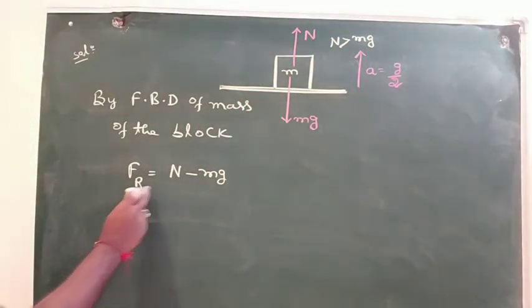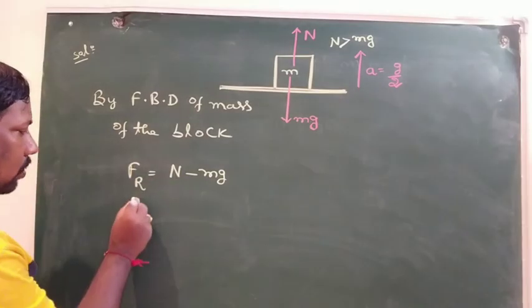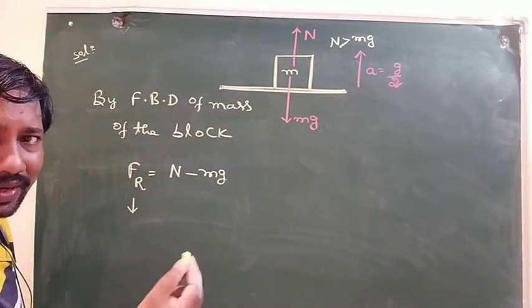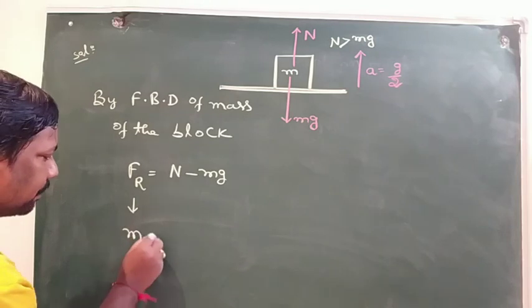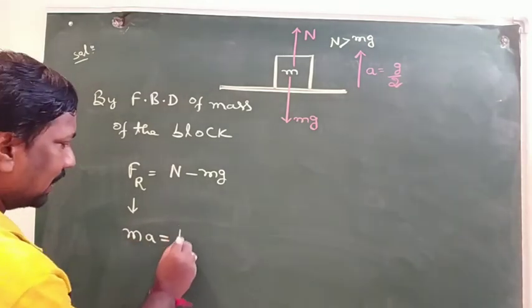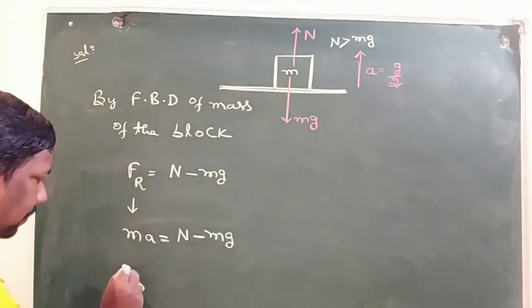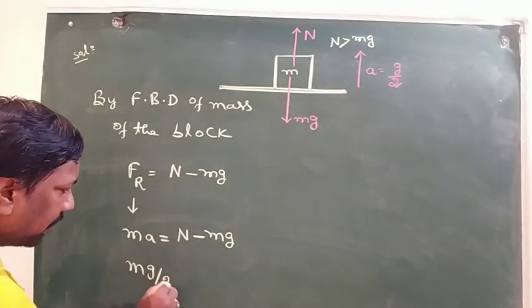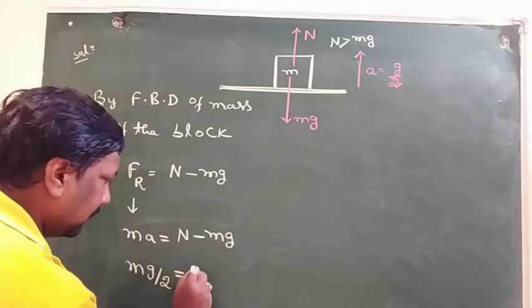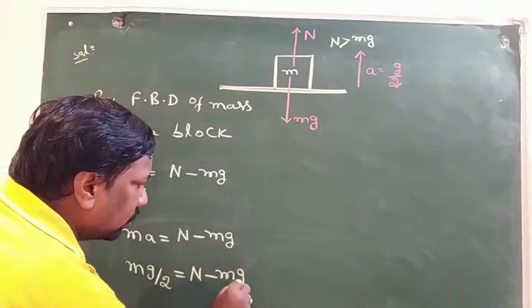Therefore Fr = N − mg. According to Newton's second law, Fr = ma. So m into a = N − mg. Here acceleration is g/2, so m into g/2 = N − mg.